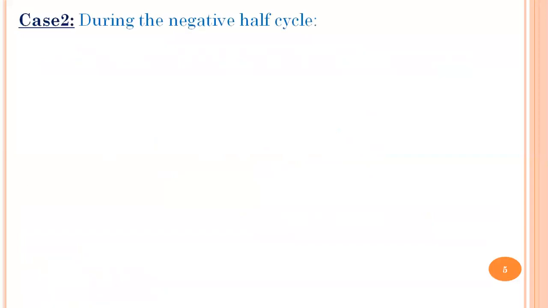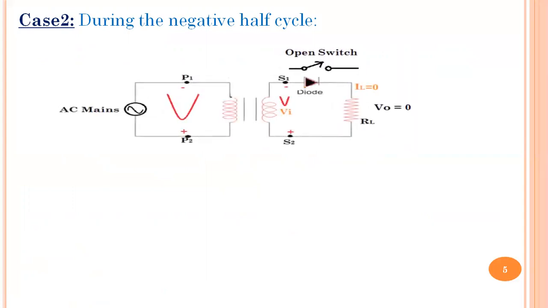Let us see what happened during the negative half cycle. During the negative half cycle, the AC input is at its negative transition. That means the upper terminal is at negative potential and the lower one is at positive potential. So P1 is at minus, P2 is at plus voltage. The same is the condition of voltage induced across the secondary of the transformer.